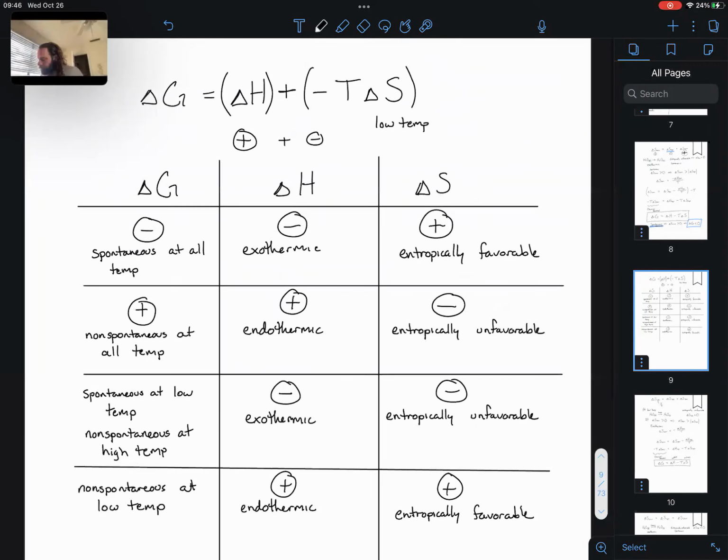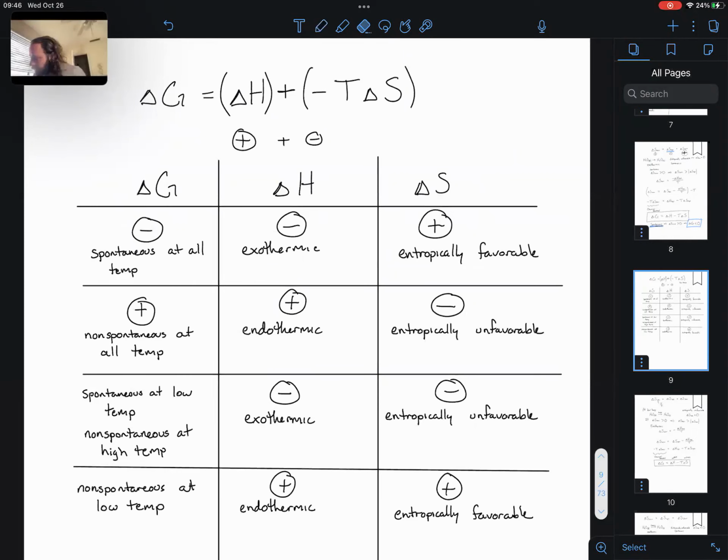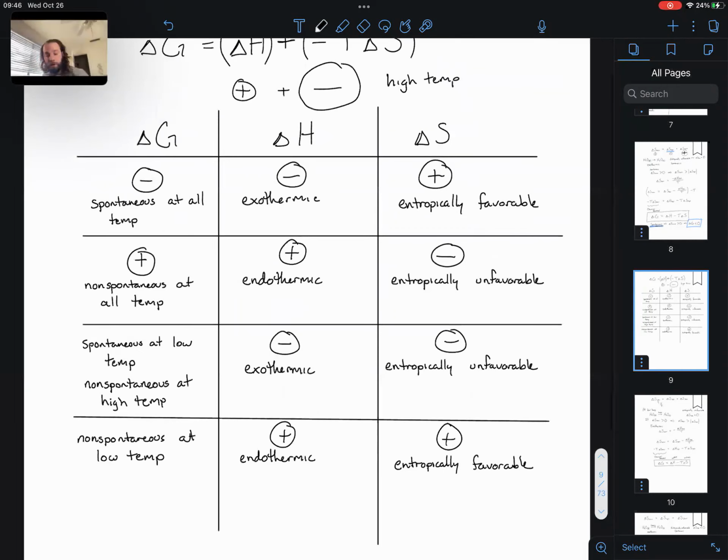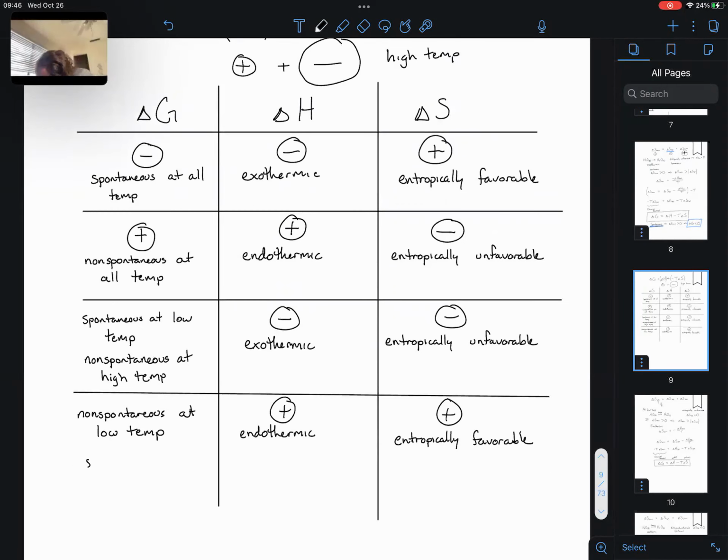But if I then crank up the temperature and go to high temperatures, all of a sudden that second term, that entropy term, becomes much more important, becomes much larger. And so this will be spontaneous at high temperatures.